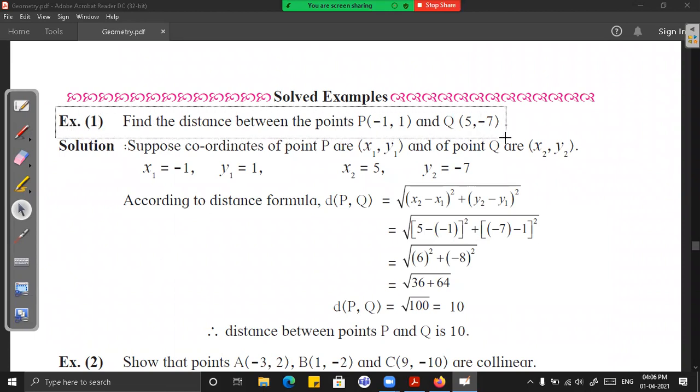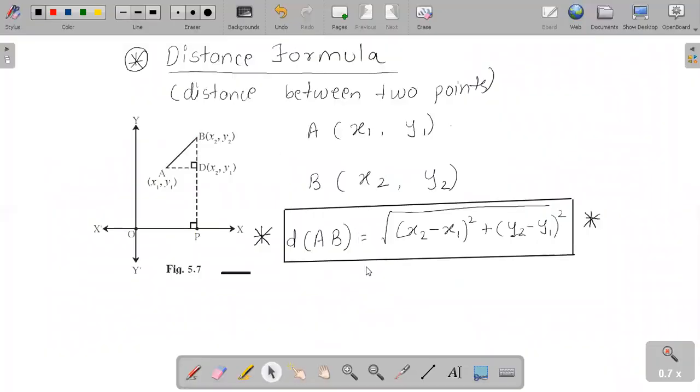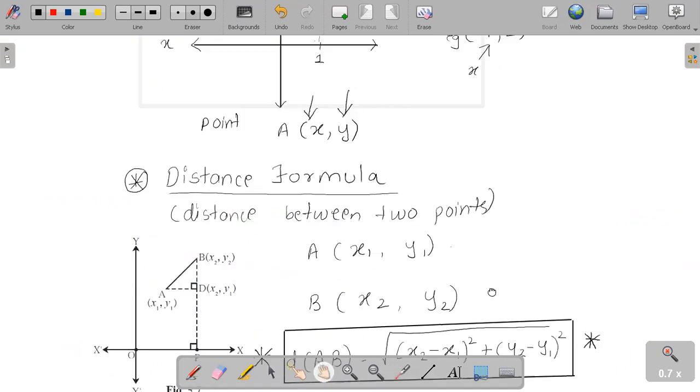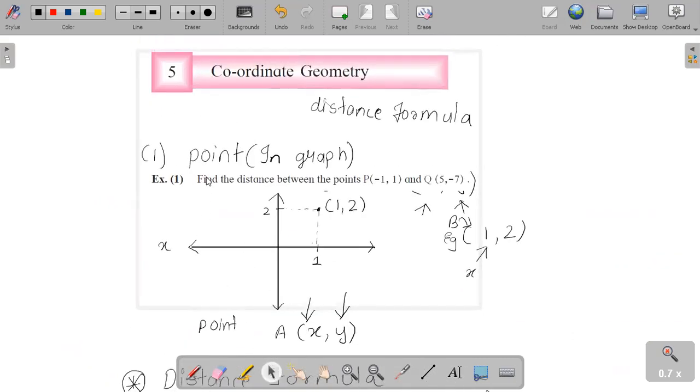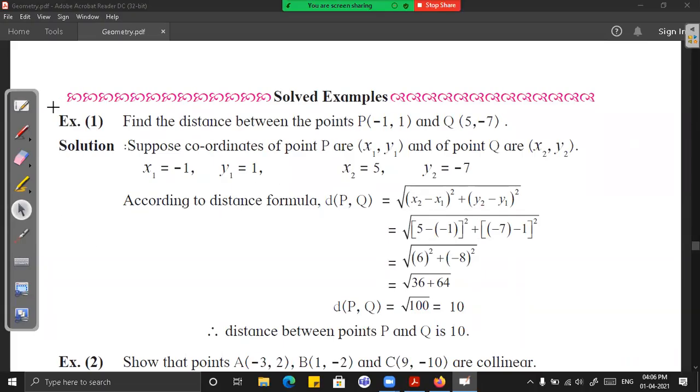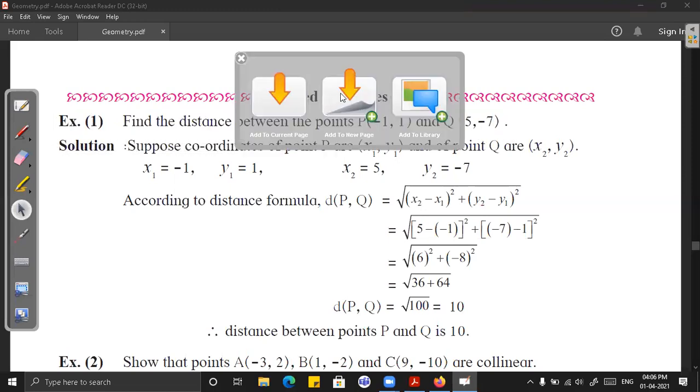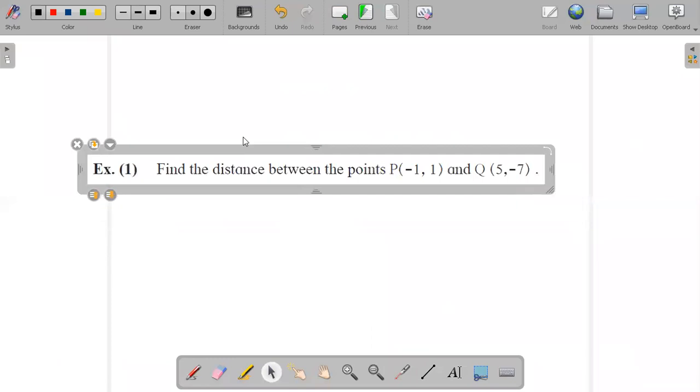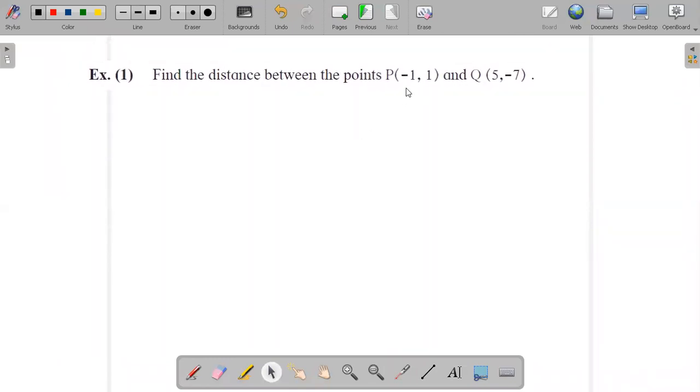It says, find the distance between the point P, which has coordinates -1, 1, and Q, which has coordinates 5, -7. We have to find the distance between these two points. Let's start with the solution.